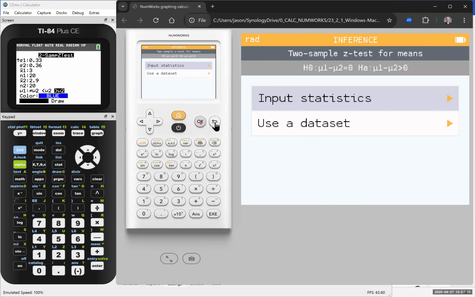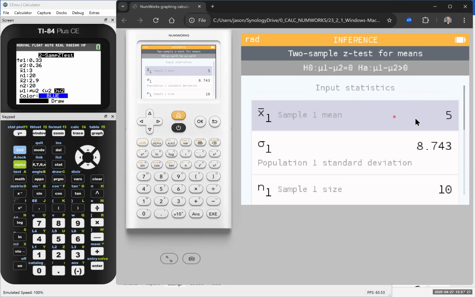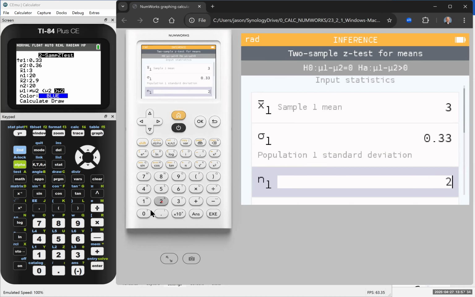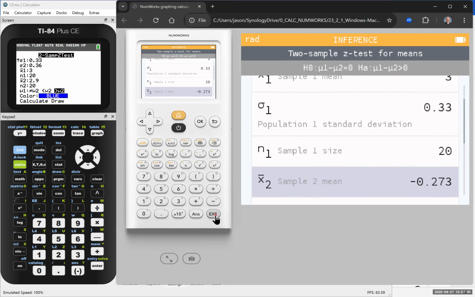So let's hit next. We're going to input statistics. We don't have a data set to work from, so we'll do that. Okay, so X bar 1 is 3. Sigma 1 is 0.33. This was a sample size of 20. X bar 2 is 2.9.